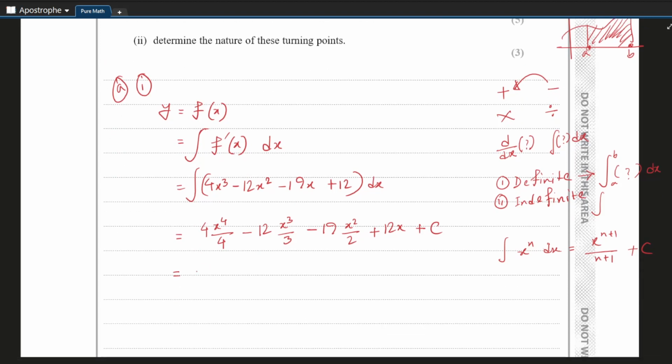So after cancellation, we have x to the power 4 minus 4x cubed minus 19x squared by 2 plus 12x plus c. So this is f of x.